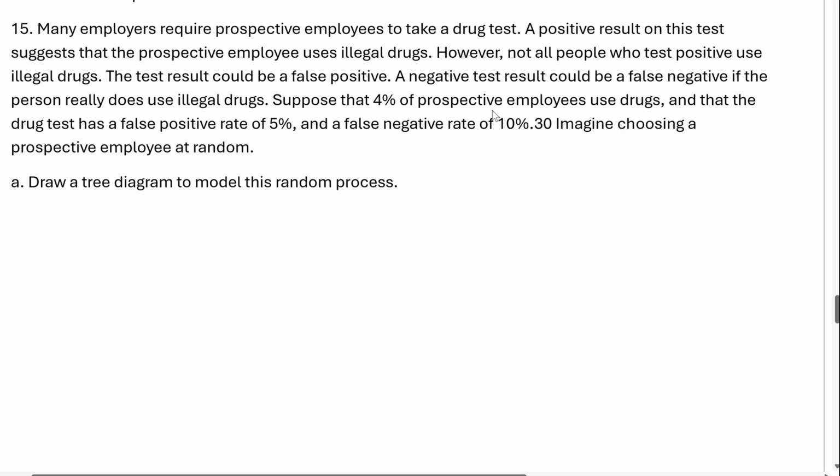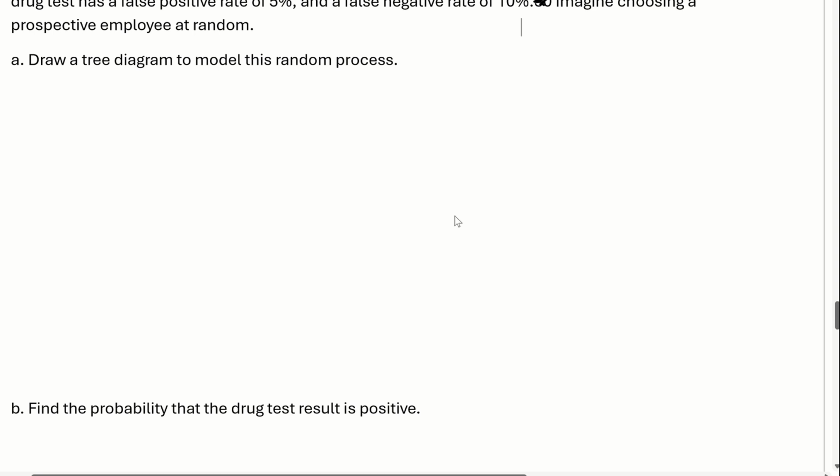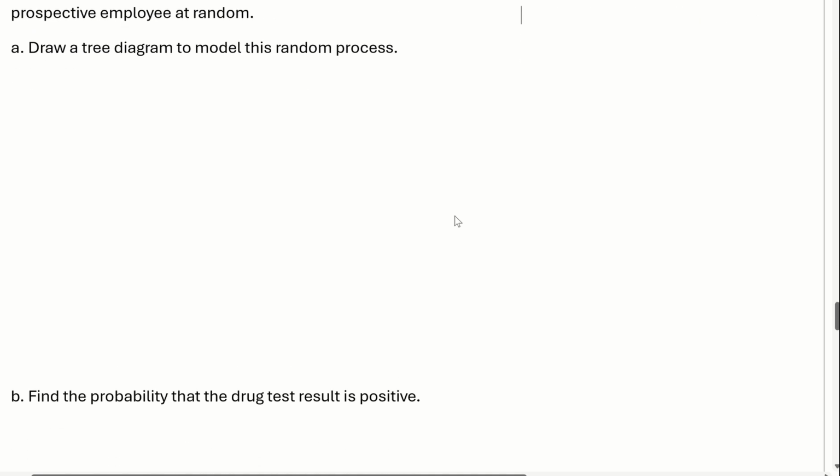A negative test result could be a false negative if the person really does use illegal drugs. Suppose that 4% of prospective employees use drugs and that the drug test has a false positive rate of 5% and a false negative rate of 10%. You can ignore that number there. Imagine choosing a prospective employee at random and draw a tree diagram for this process.